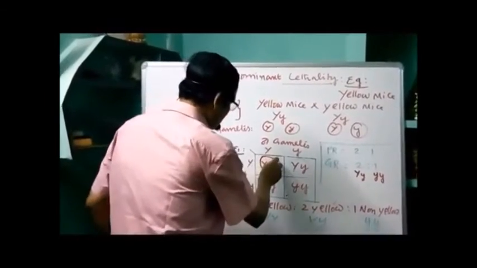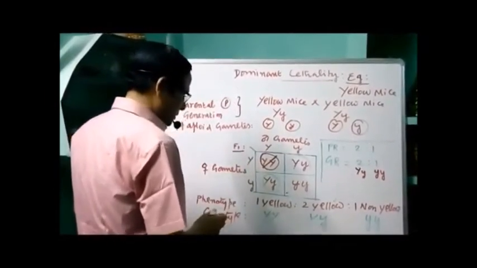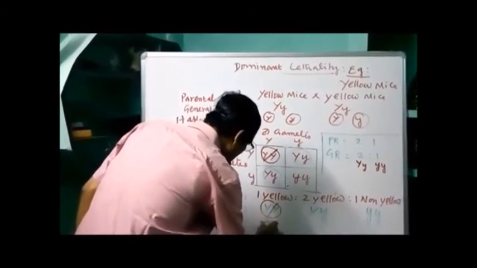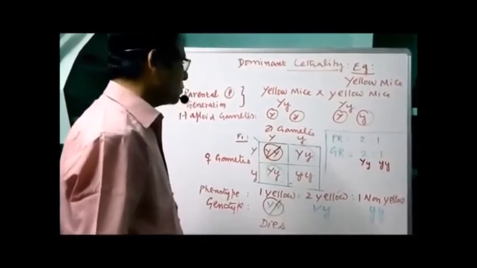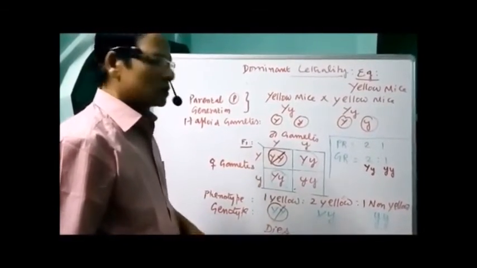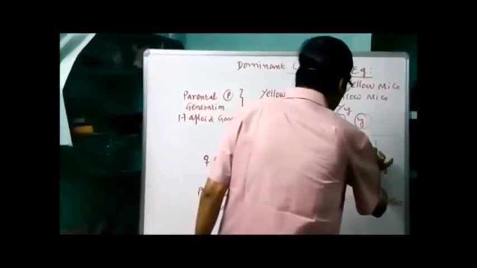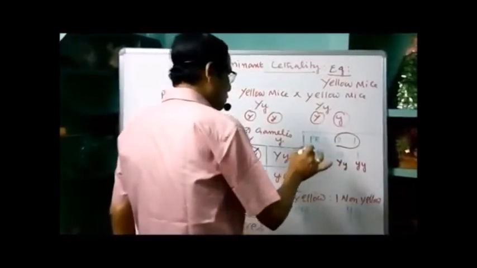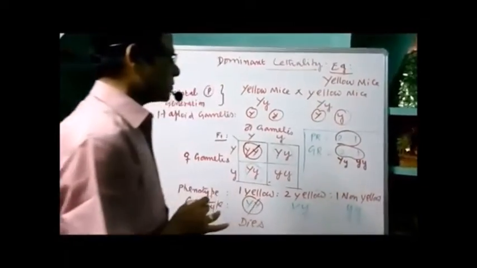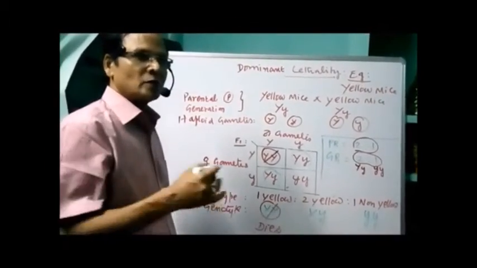So this homozygous dominant yellow dies. So we have only two heterozygous yellow and one non-yellow. So the phenotypic ratio would be 2:1, and so also the genotypic ratio 2:1. Two heterozygous yellow and one homozygous non-yellow.